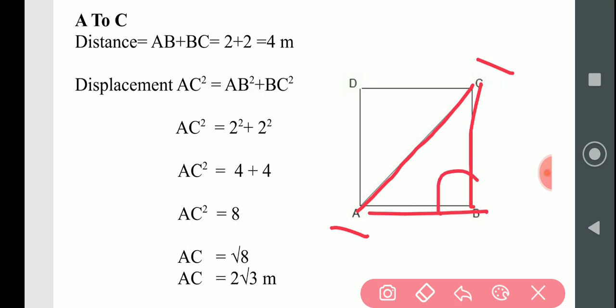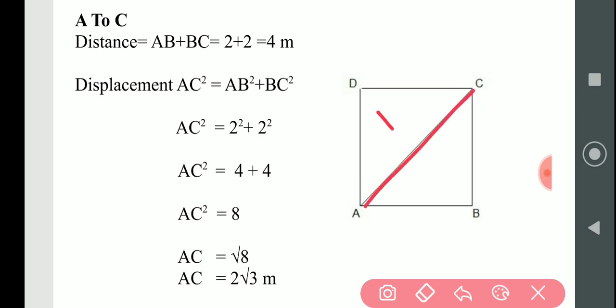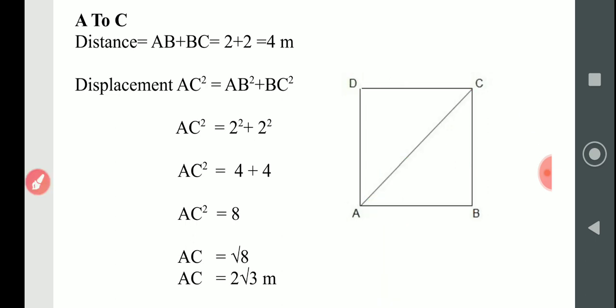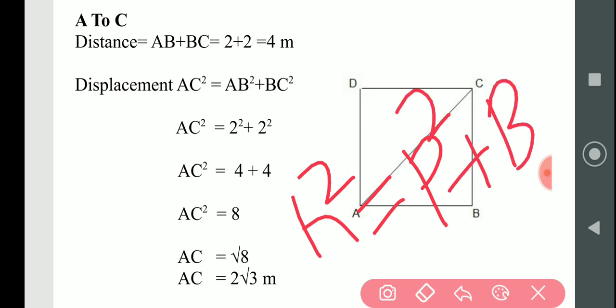That is a 90-degree triangle, or we can say right angle triangle, in which AC is hypotenuse, BC is perpendicular, and AB is base. So by applying Pythagoras theorem, we can find the distance of AC. Here we are applying the Pythagoras theorem, that is hypotenuse square is equal to perpendicular square plus base square.